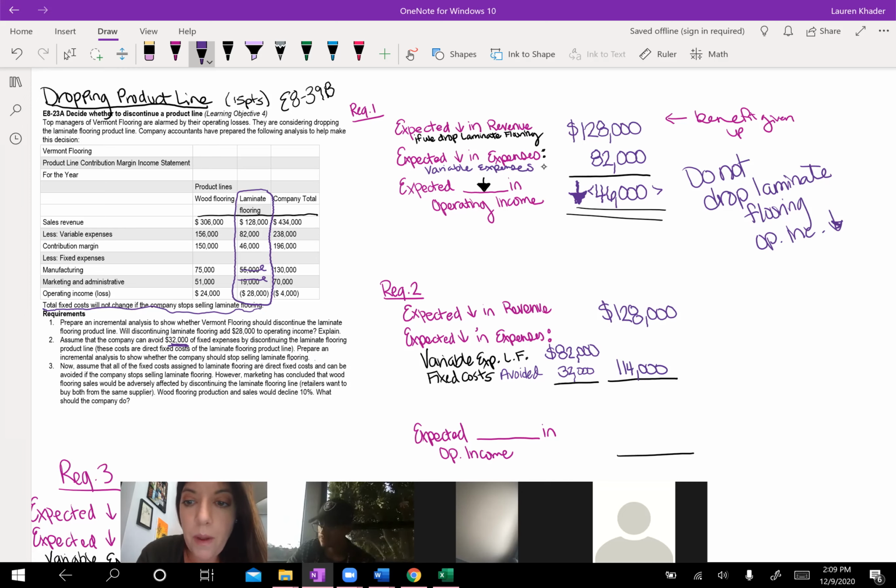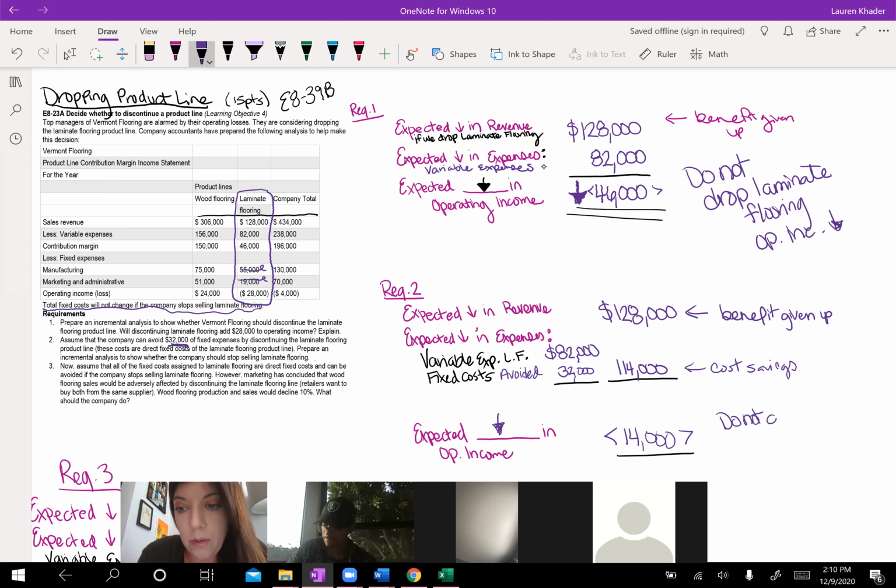So we're giving up the benefit of 128, but we only have a cost savings of 114,000. So what's going to happen to our bottom line again? We would lose out on like $14,000. Yep, we're going to decrease by 14,000. So again, you would suggest do not drop laminate flooring.